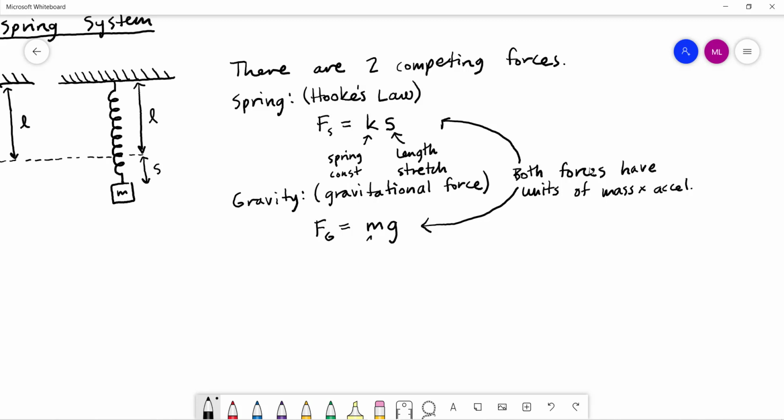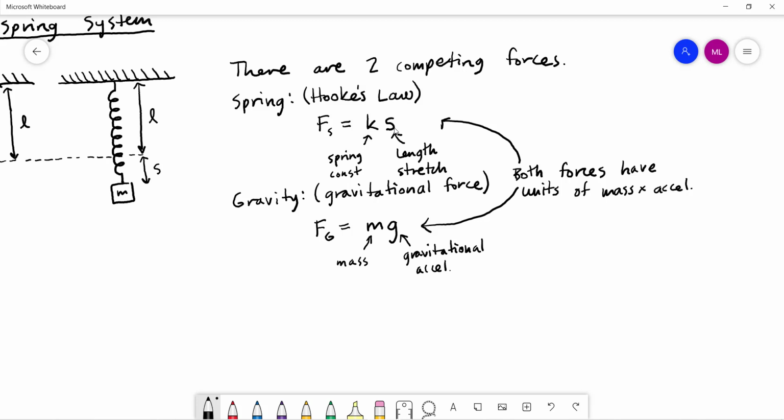In this case, m is the mass, and g is the gravitational acceleration. So that one's easy to see what those units are. Up here, this one's a little bit harder to see. We just said if s is a length scale, then that means the spring constant has to have some kind of weird units.